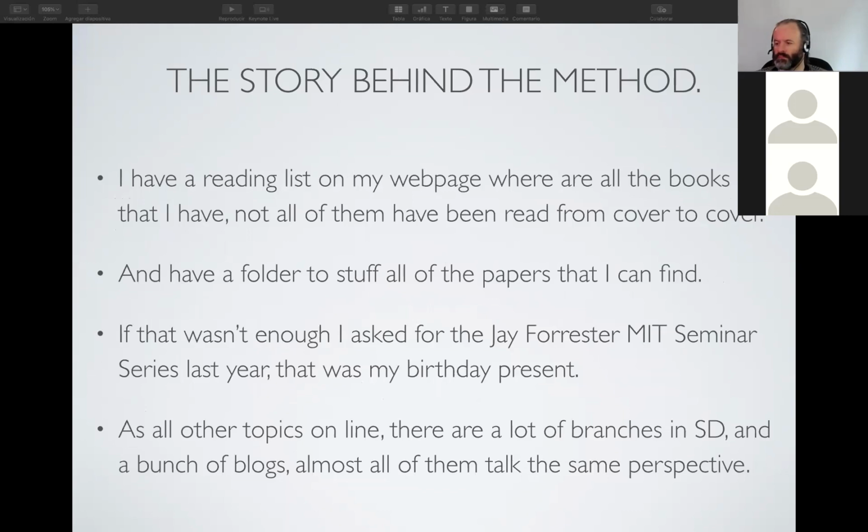When I find a paper that has only the drawing, I try to make the model in Stella so I can understand a little bit more. If that wasn't enough, last year I received as a birthday present the MIT seminar series from Jay Forrester. I haven't finished those. I think I have only started the first disc. It's difficult again, but I'll get to it.